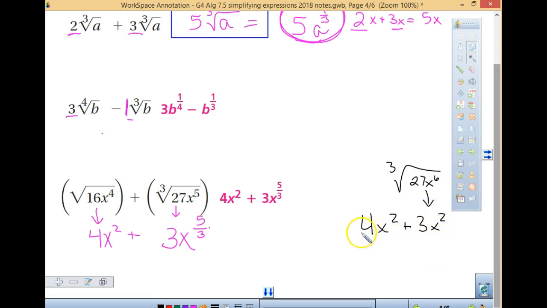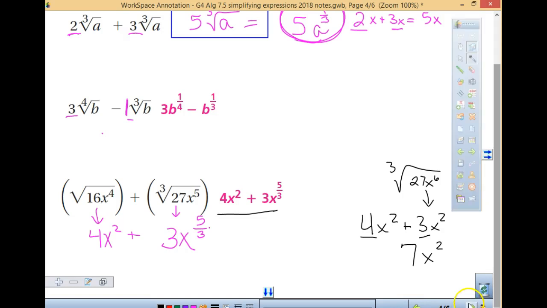Agreed? And then I could add those together and get an answer of 7x squared. But I can only add the coefficients if the variable part is exactly the same, like terms. Okay, does that make sense? Okay. So this is our answer, keeping it like this, just as we simplified, no other steps.